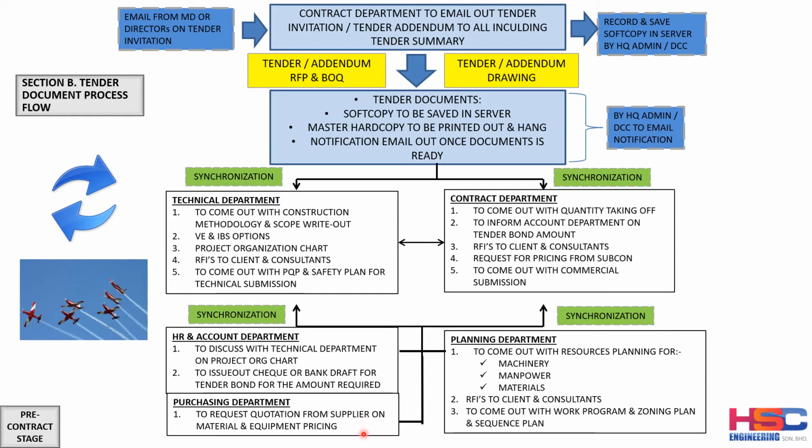This is an example. So the purchasing department, either they have it in their asset, in their records, what the pricing is, or they have to ask the supplier for the latest pricing, because the pricing may fluctuate, and the archive or the data that they have might have been there for a long time and is not usable anymore.